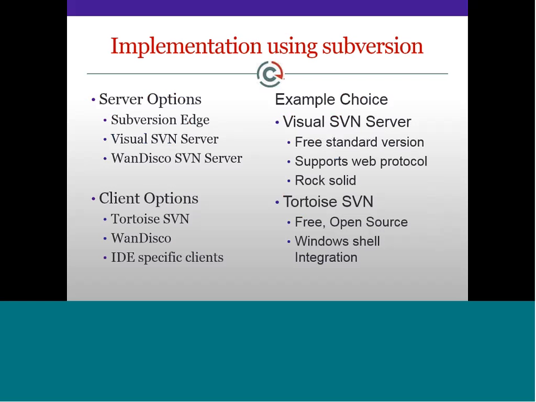So first, we're going to talk about implementation using Subversion. A version control system, essentially, is like a server-client model. You have a server that's responsible for storing and versioning everything centrally. We have a few options for servers. I listed those options; you can read it here: Subversion, VisualSVN, WANdisco, and similarly, some options for the client side.